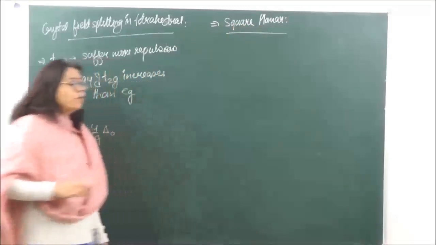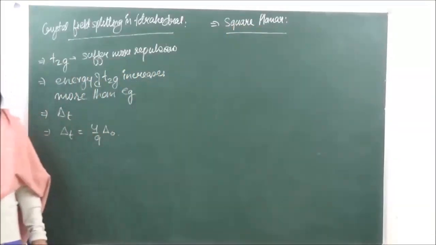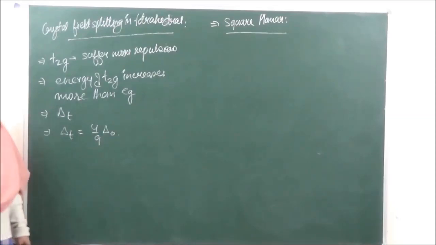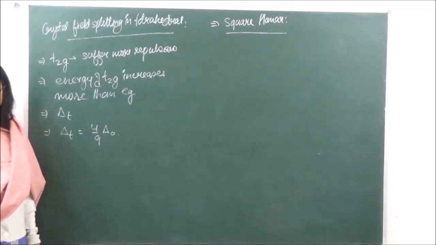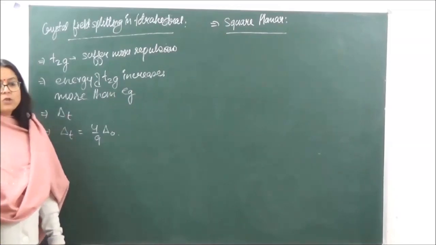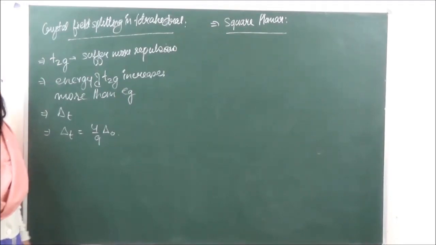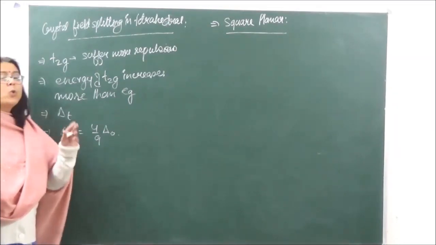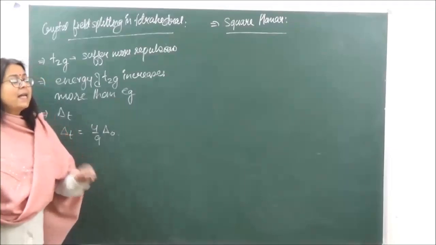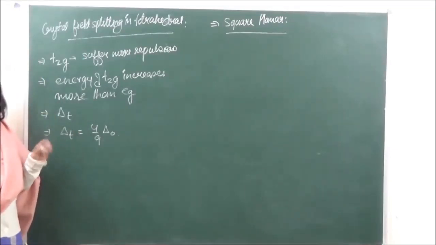Now when we are talking of square planar complexes, this is the arrangement of 4 ligands around the central metal atom. There are going to be 2 ligands less than the octahedral complex.